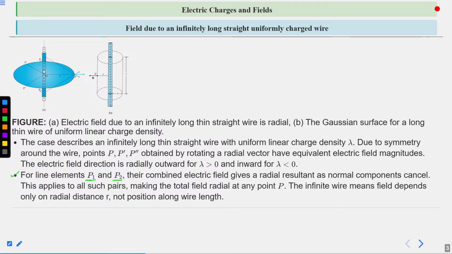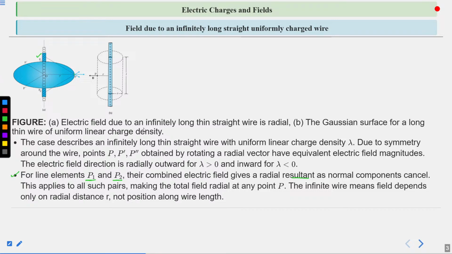The line elements P1 and P2 give a combined electric field with a radial resultant, as the normal components cancel. So here we first calculate the electric field at point P due to the infinitely long straight charged wire.